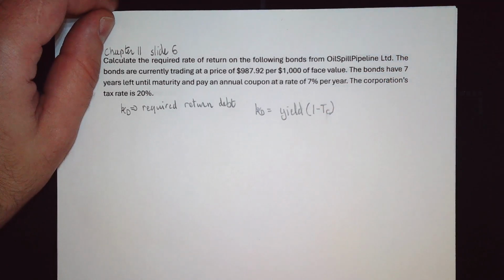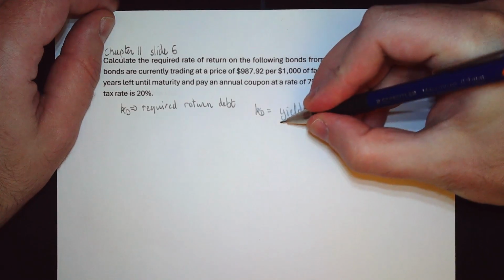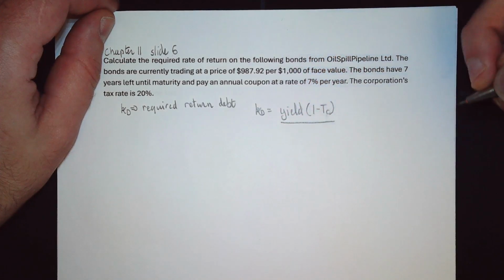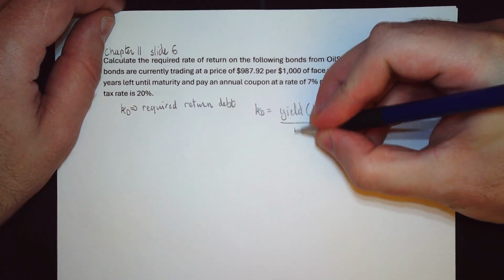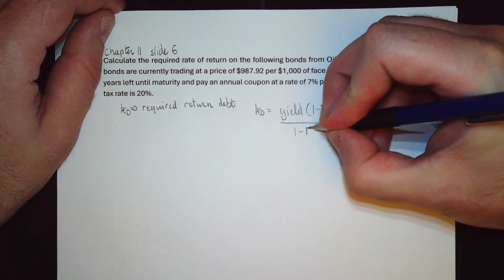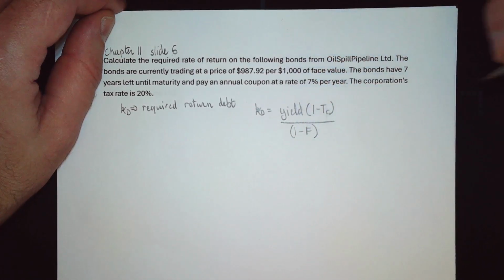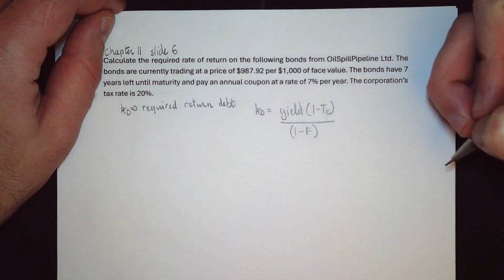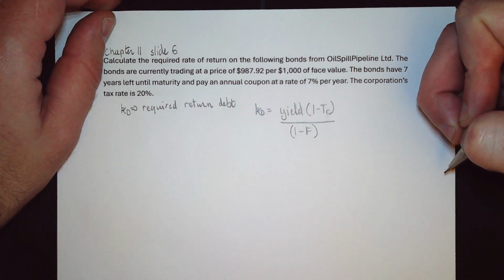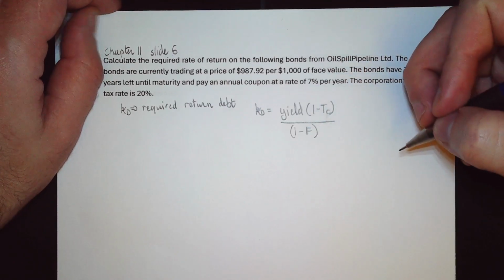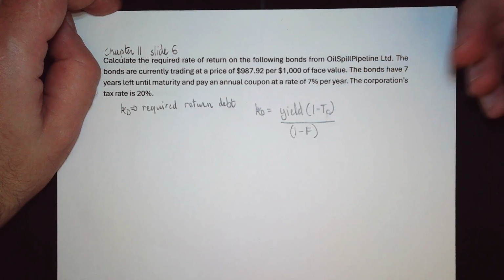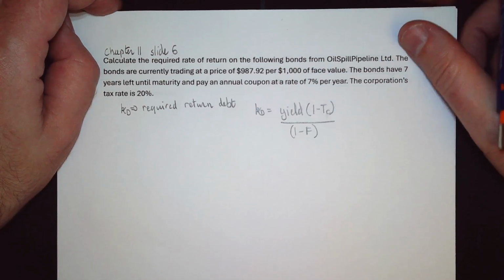If you look at the textbook, as I said in the first video, the textbook would say 1 minus F as the denominator here, okay? And F is the flotation cost as a percentage of a new debt issue. Flotation costs are just the cost of issuing new securities.